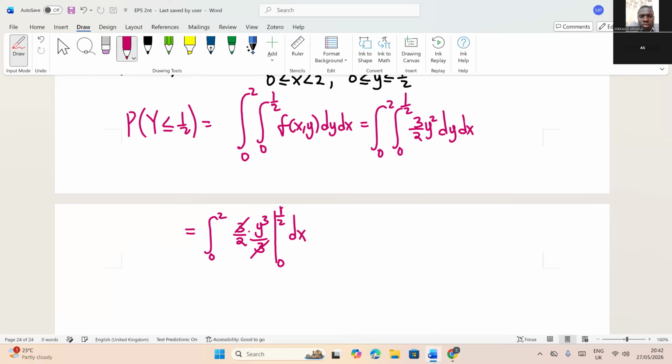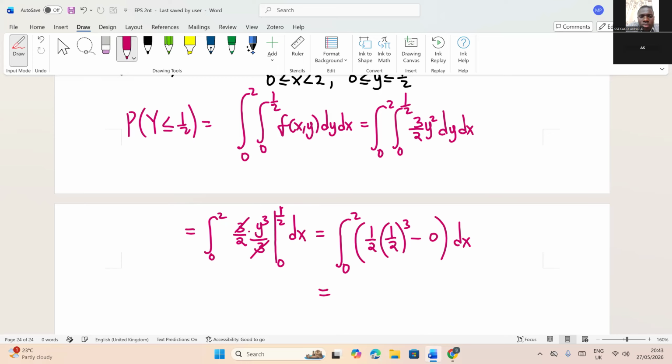Substituting the limits from 0 up to 2, we shall have a half times a half power 3, then minus the value when I substitute 0, dx. Inside there, I get 1/16.